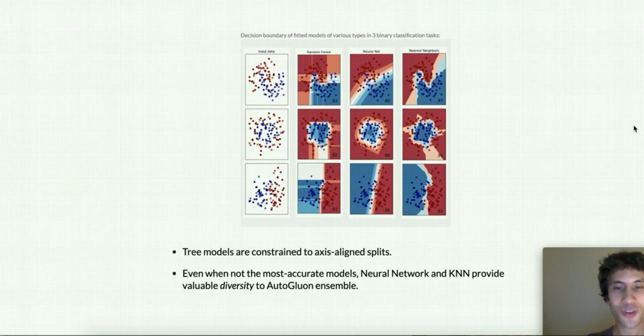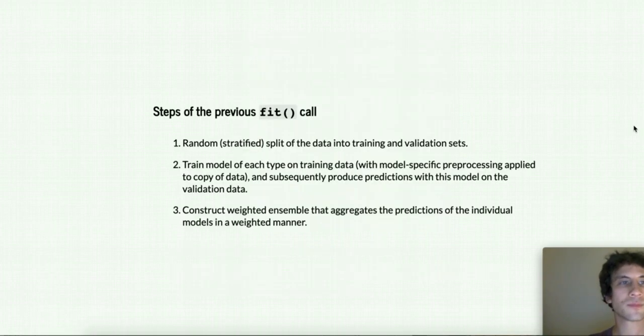But because these tree models are axis-aligned, when we ensemble them together, the resulting diversity is not nearly as great as when we ensemble them together with neural networks and K-nearest neighbors models, whose decision boundaries can have arbitrary geometry. This means even if the latter 2 model types are not as accurate as, say, the most accurate tree models, they still provide very valuable diversity to the AutoGluon ensemble.